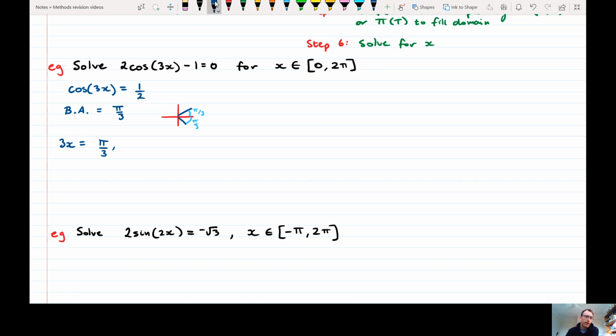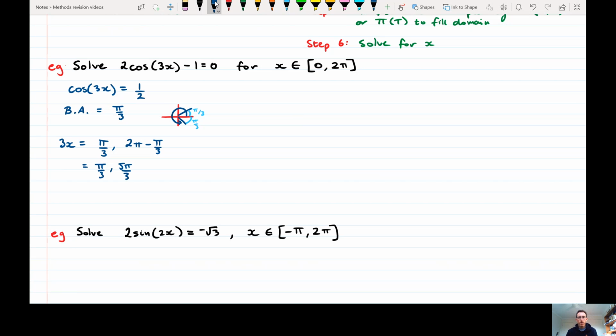Now remember with circular functions, we measure from the positive x-axis anti-clockwise. So to go all the way around requires us to go all the way around to 2 pi and then come back this pi on 3. So we get 2 pi minus pi on 3, which gives you pi on 3 and 5 pi on 3.